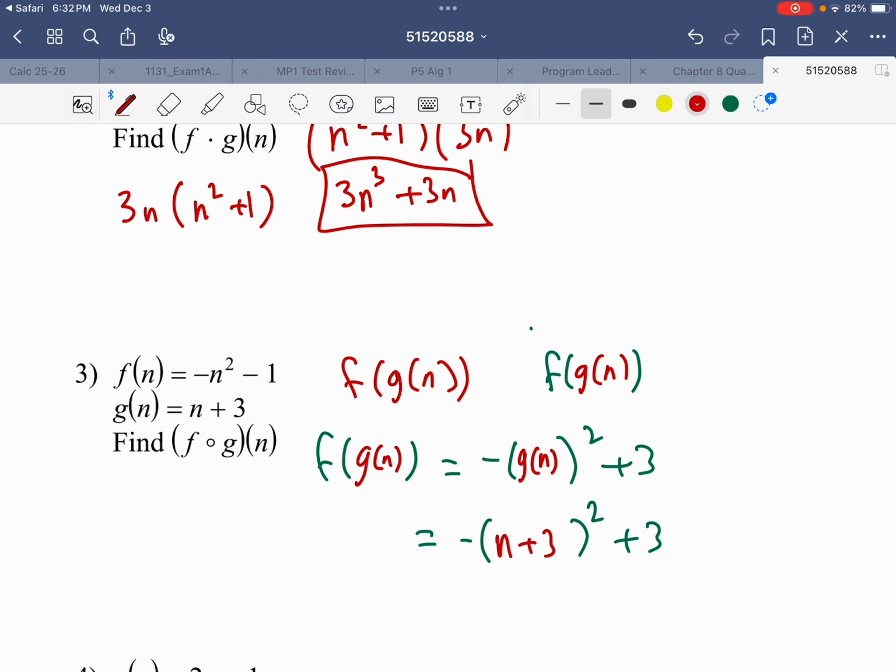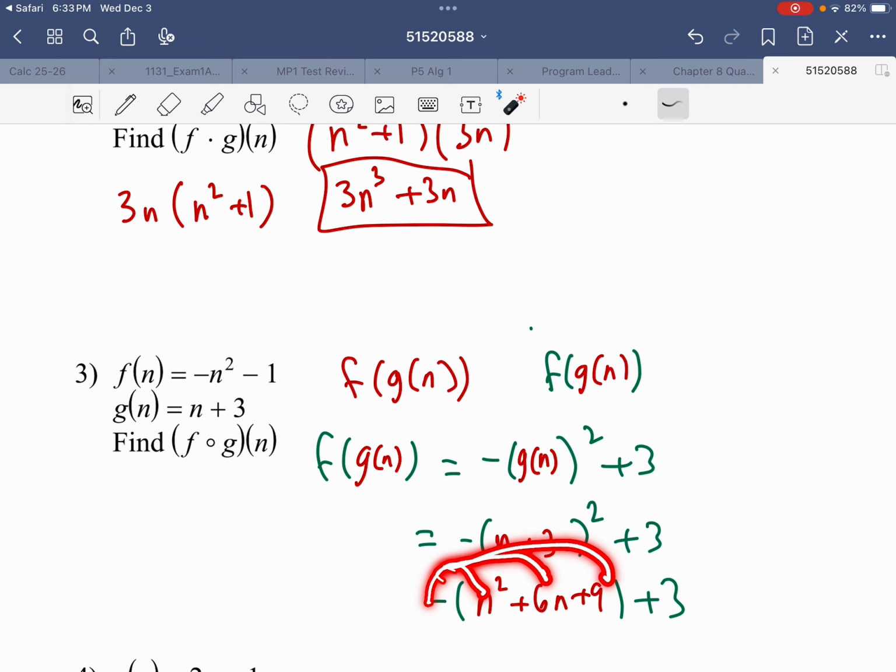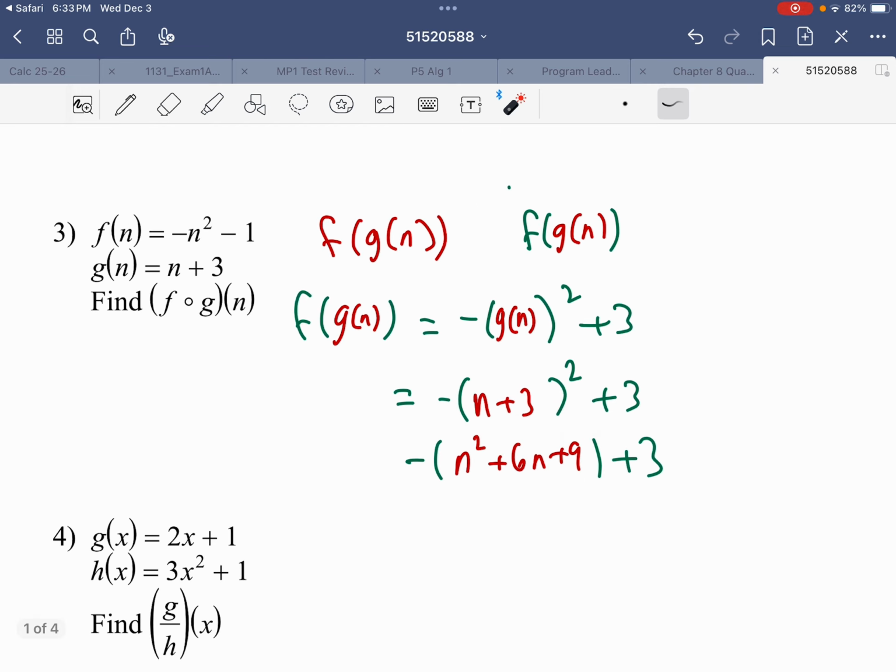So n plus 3 squared is going to be negative n squared plus 6n plus 9. And then I'm adding 3. Don't forget that if there's the negative outside here, we need to distribute it to both n squared, or 6n, and the 9. So this looks like negative n squared minus 6n minus 9, and then still plus the 3.